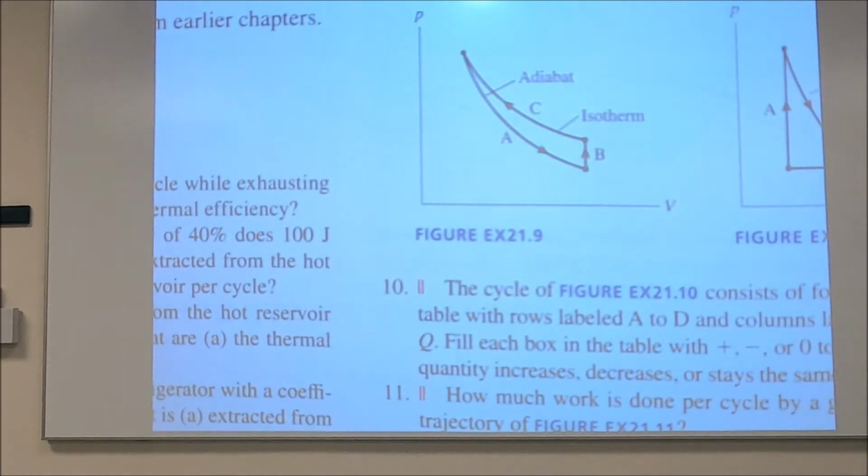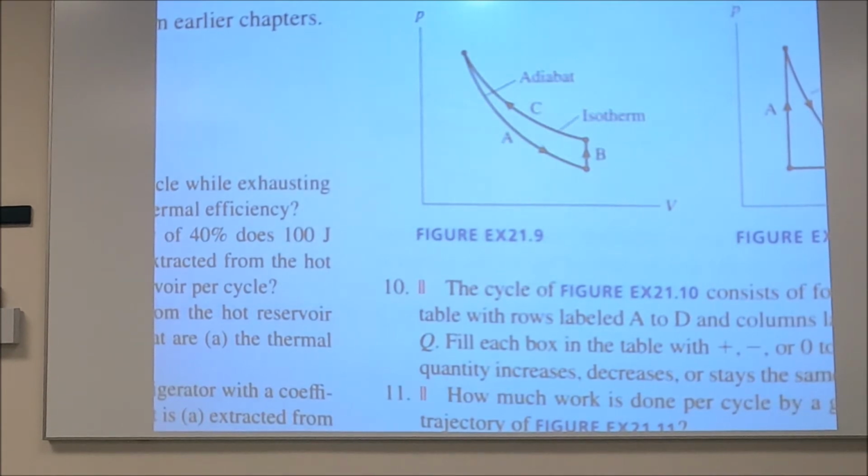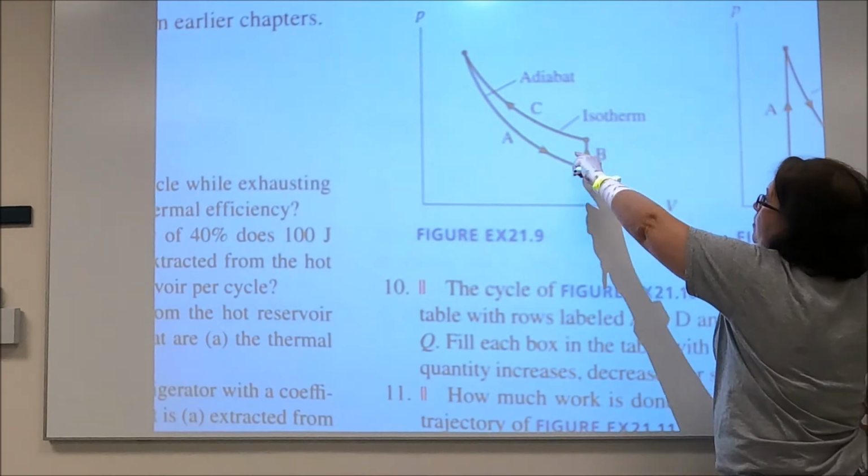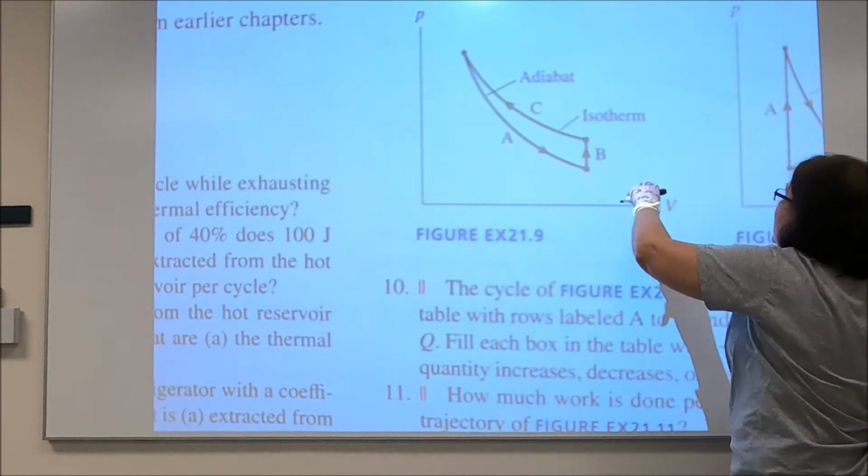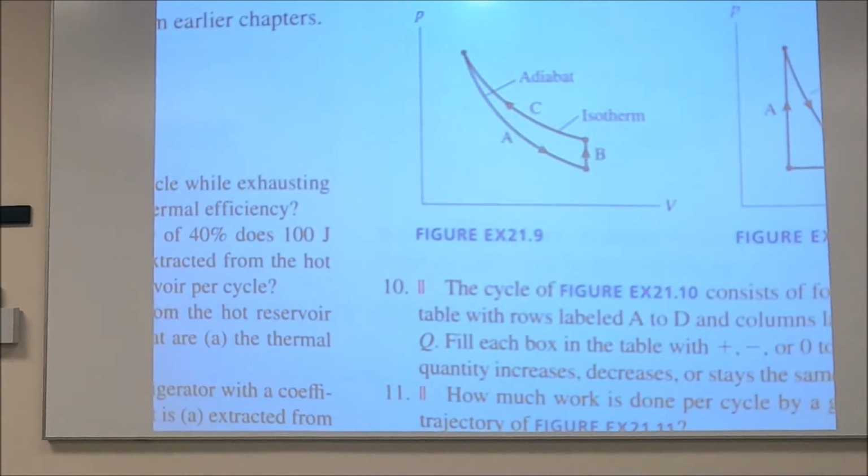The volume stays constant, so there's no work done. If I look at process A, it is adiabatic. So I know that Q is 0, because in an adiabatic process, no heat flows in and out of our system.